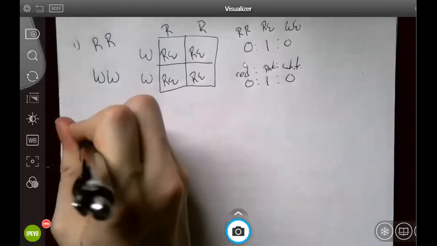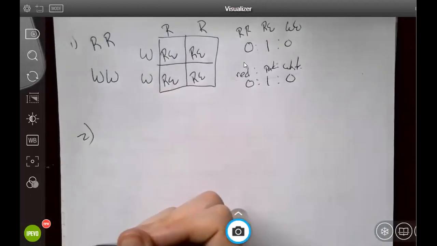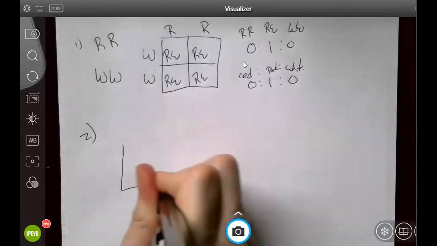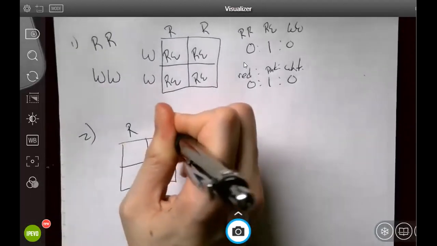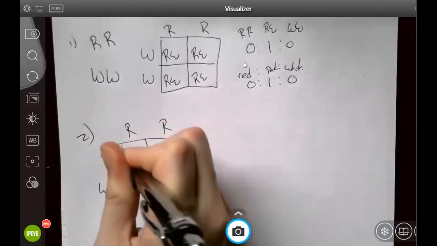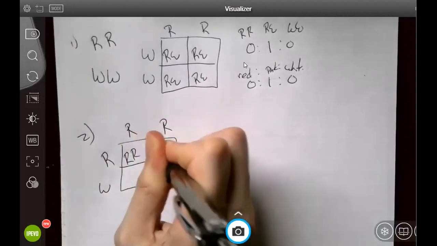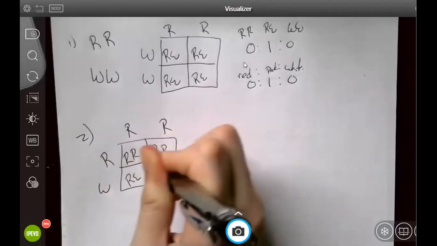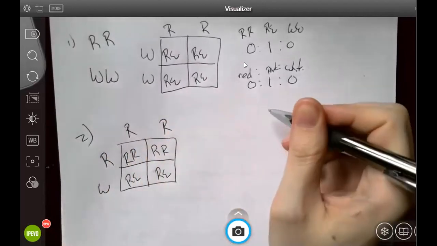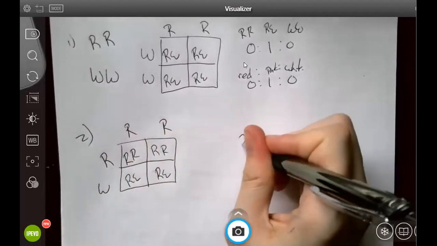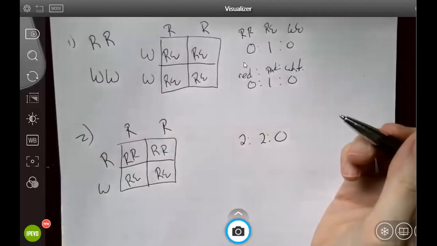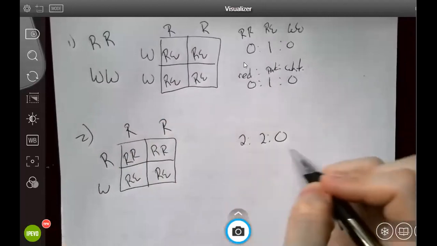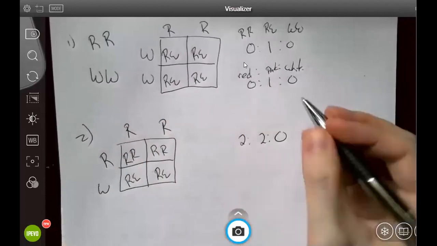For question number 2, it says determine the phenotype and genotype ratio for a pink and red snapdragon. So our red is going to be RR, our pink will be RW, and when we fill this in, we will get 2 to 0 as both our phenotype and genotype ratio.